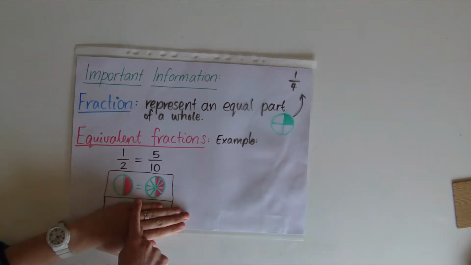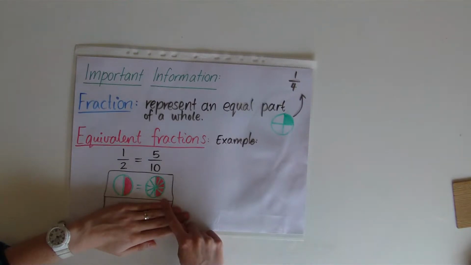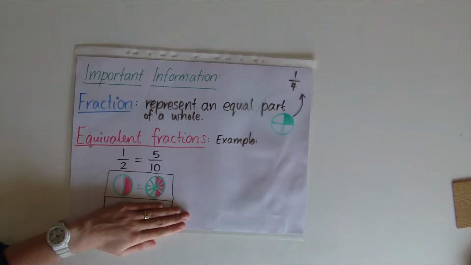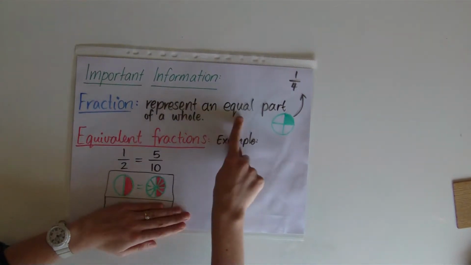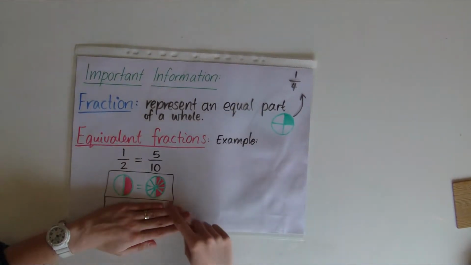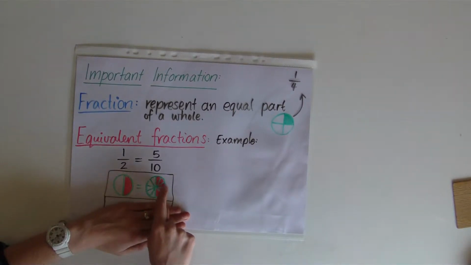And I've got the equal sign. And then over here I've tried my very best to draw 10 parts of maybe a pizza or a pie, where it's shared equally, because remember that fractions are equal parts of a whole. So I've got 1, 2, 3, 4, 5, 6, 7, 8, 9, 10 parts.